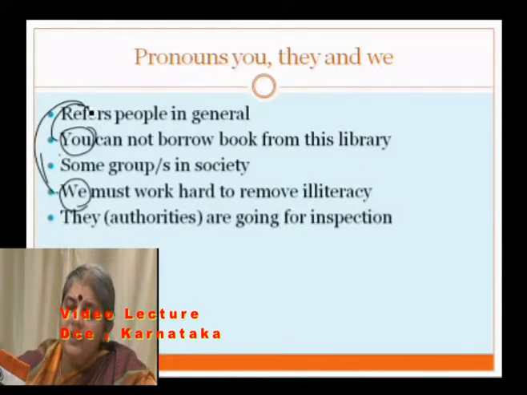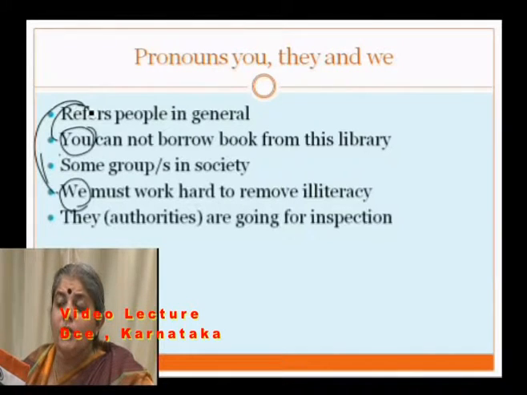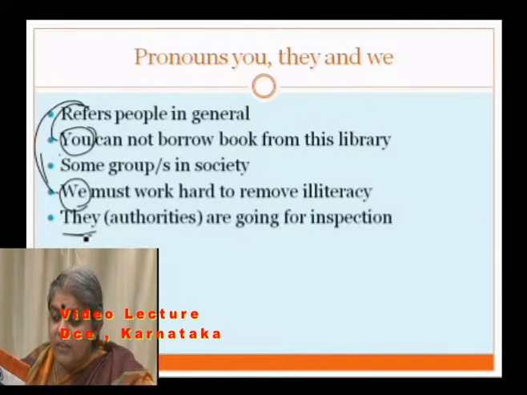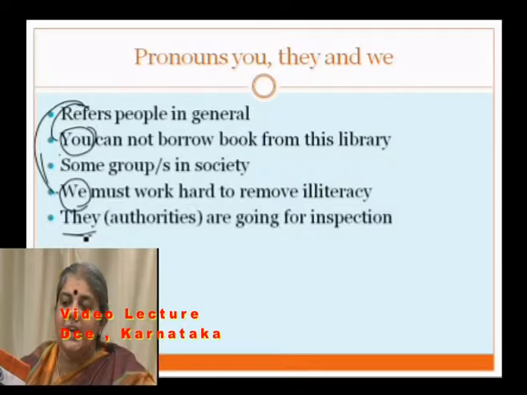When I say you in this context, it refers to people in general. Then they. They refers to authorities here in this particular context, once again people. They are going for inspection. It refers once again to people in general. So, these are the other ways and means you can use the pronouns.